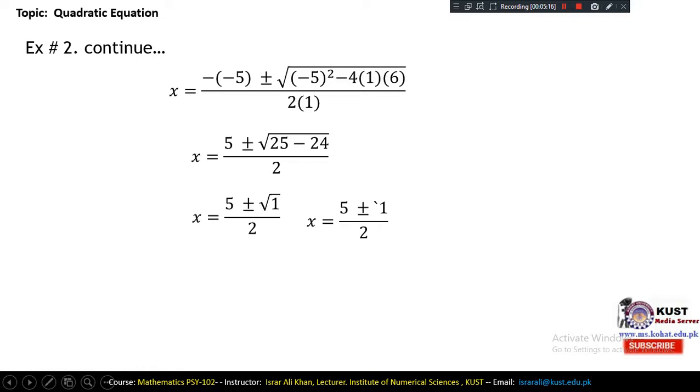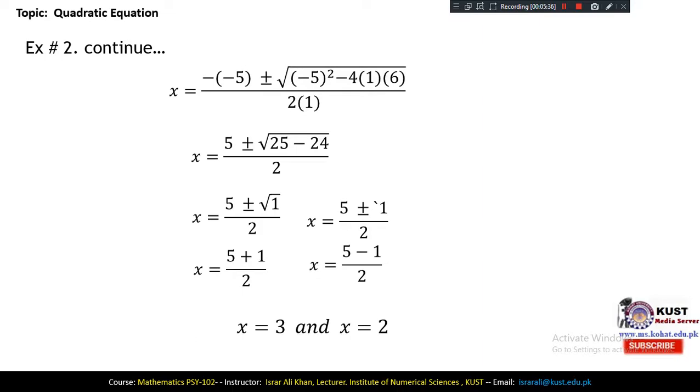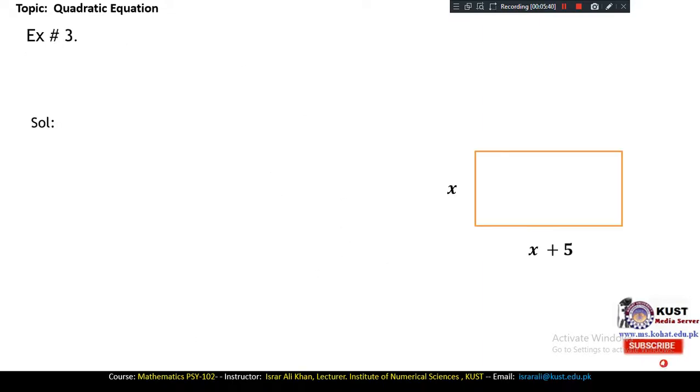Now we take these two separately, meaning x is equal to either 5 plus 1 divided by 2 or 5 minus 1 divided by 2. From this we get 6 divided by 2, which is equal to 3, and from this 5 minus 1 divided by 2 is equal to 2. We can also verify these two values the way we did in the previous question.